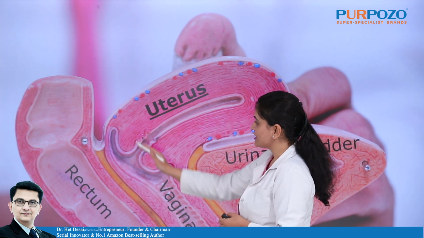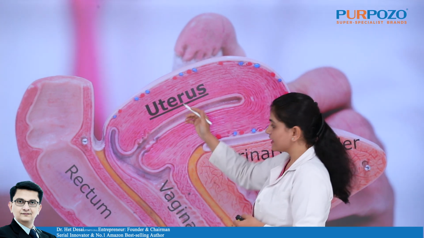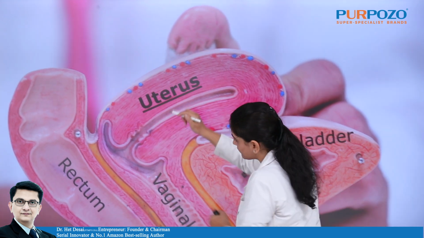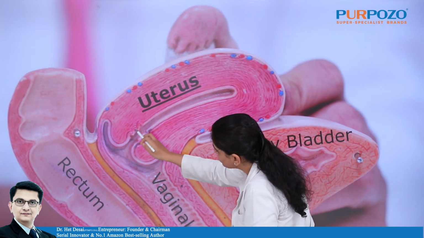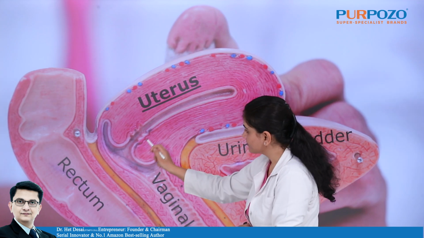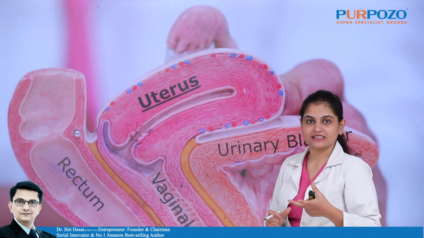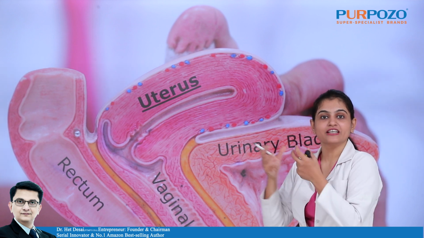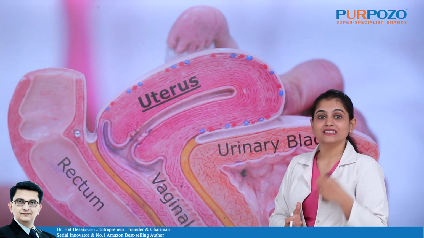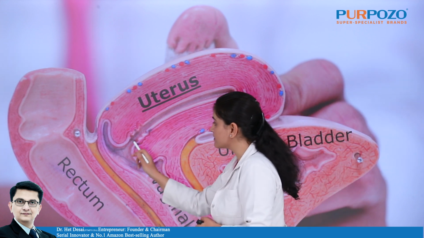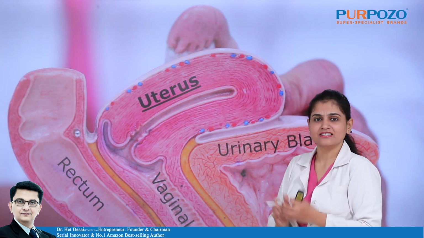In this uterine structure, if you see this small part, this is the cervix of the uterus, also the neck of the uterus, and this cervix works as a doorkeeper.